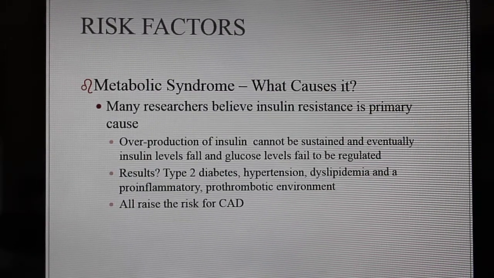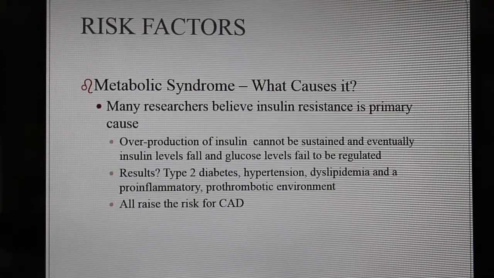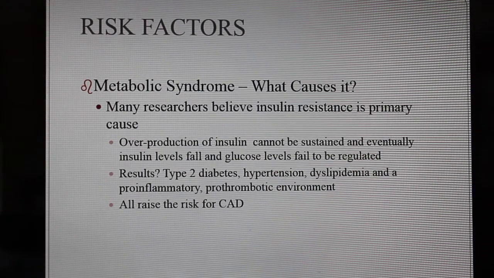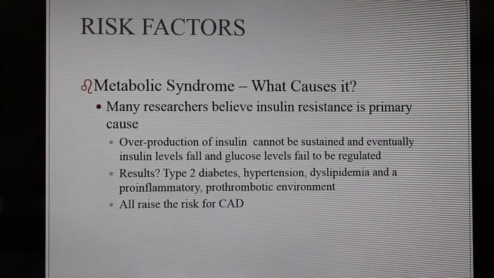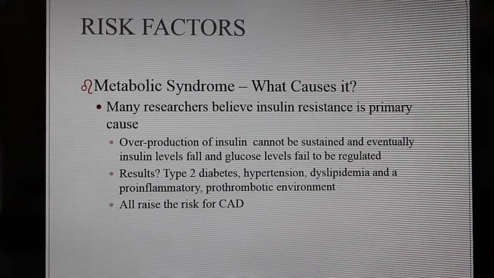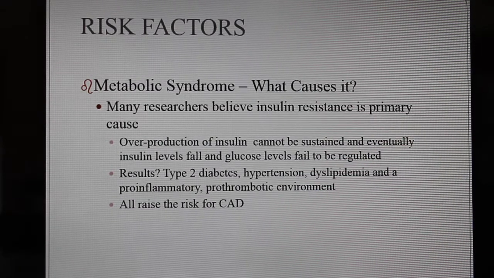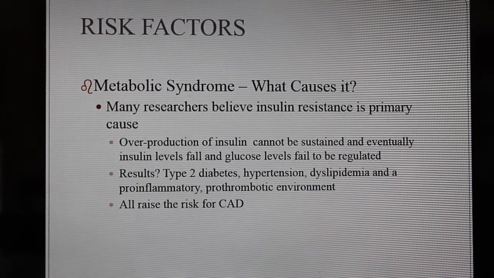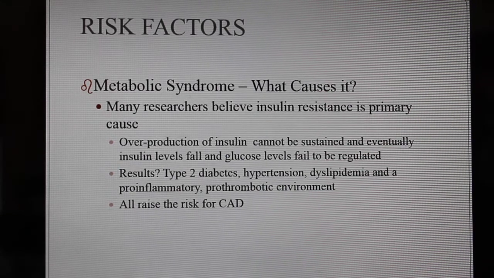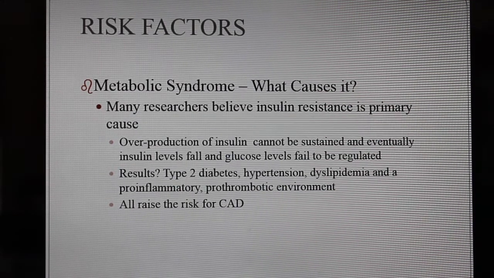So just to clarify with metabolic syndrome, what I want to make sure that you understand is that it's a group of risk factors, okay? A group of risk factors that typically increase the risk for heart disease, heart attacks, and diabetes by 5 times.